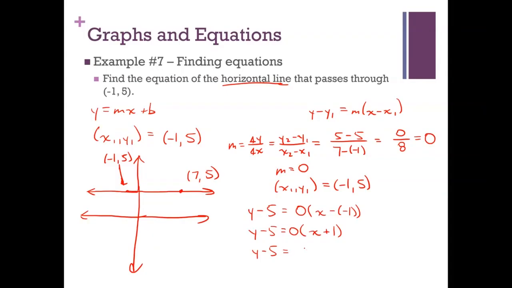It's not x plus 1. The final result is going to be 0. 0 times anything is going to be 0. So how do I solve for y from here? Add 5, you get y equals 5.